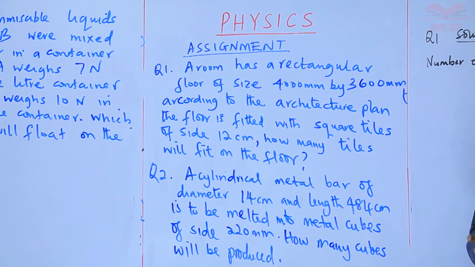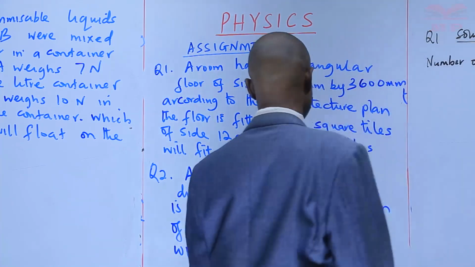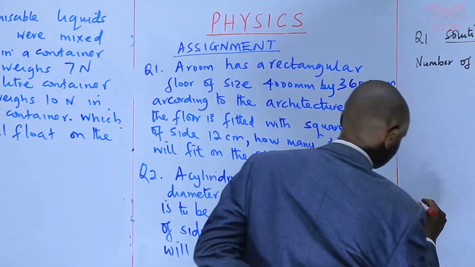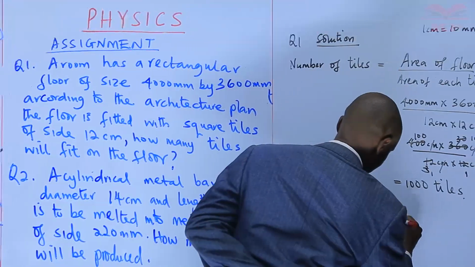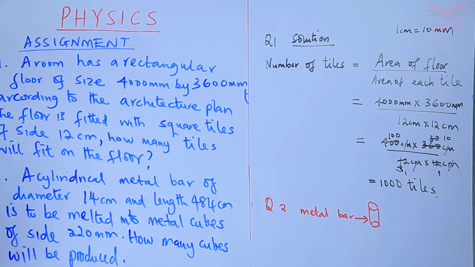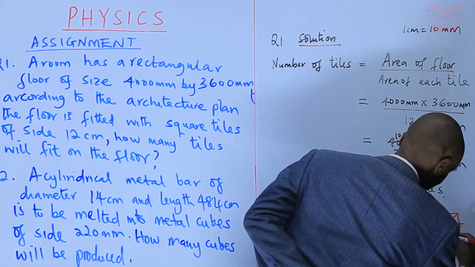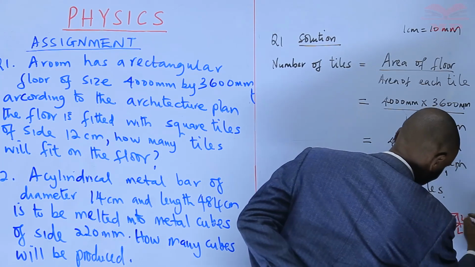So you've gone through the question. We had a metal bar, cylindrical in shape. A cube has properties where the length and the width are both equal.